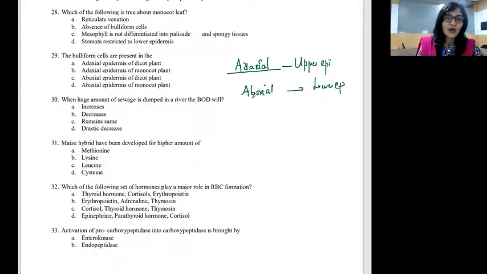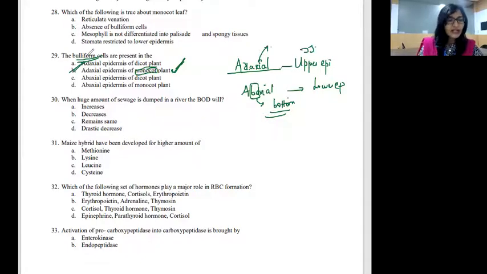Ab means bottom, please remember. Bottom is lower, right? So abaxial. Now the question is, where are bulliform cells present? Is it adaxial or abaxial? It is adaxial. Adaxial of the monocot plant. You will see them only in the monocot plant, not in the dicot plant. In the upper epidermis, you will see bulliform cells. So the answer is going to be option B.